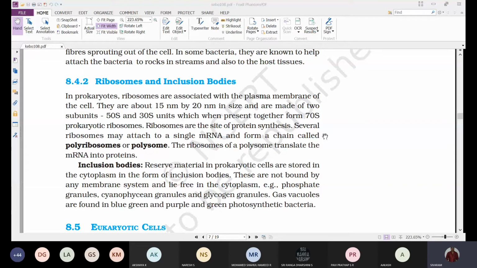The ribosomes of a polysome translate the mRNA into proteins. By using the information present on the mRNA, protein synthesis occurs.